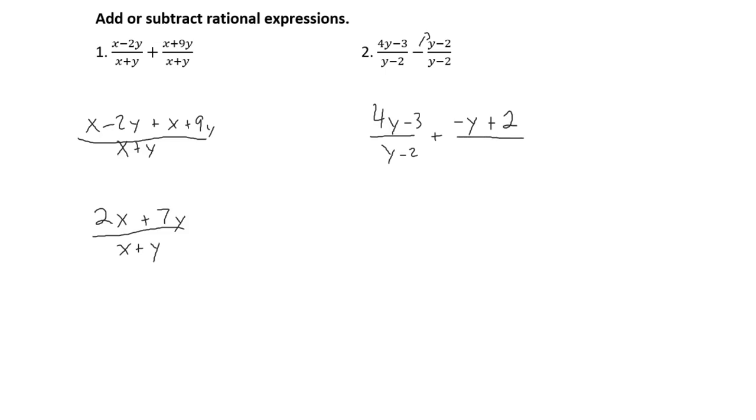A lot of people forget to apply that negative to everything, and so by doing that, it's already been applied and now it's just addition. So now we have all over y minus 2, we have 4y minus 3 minus y plus 2. And so now when we simplify that, we get 3y minus 1 over y minus 2.